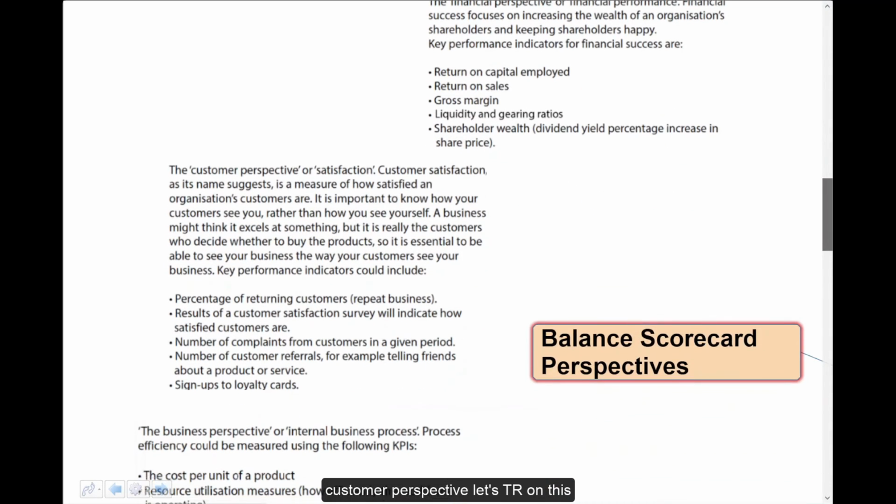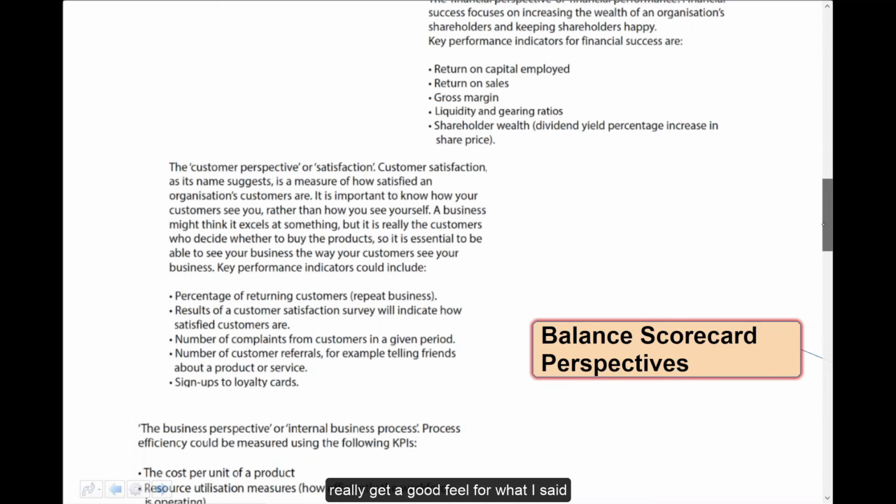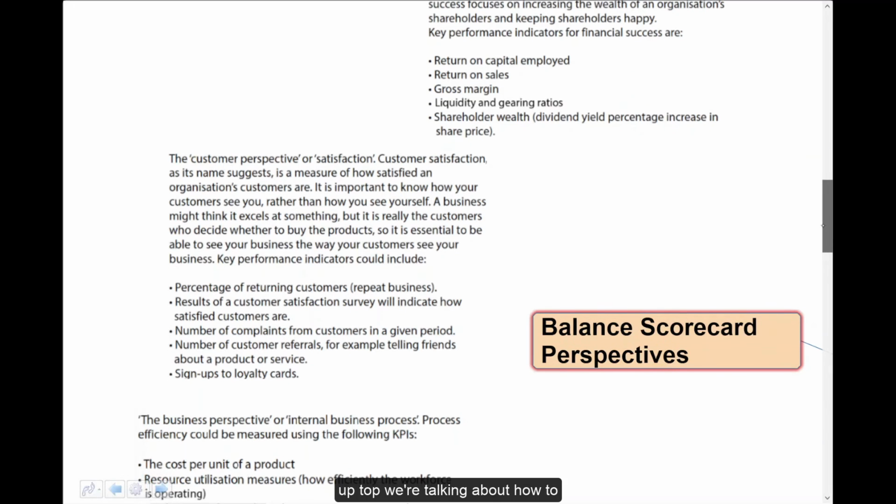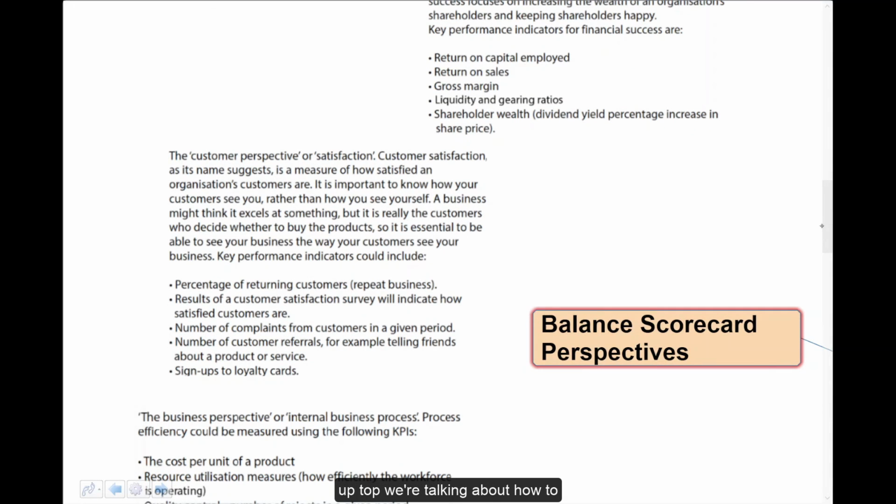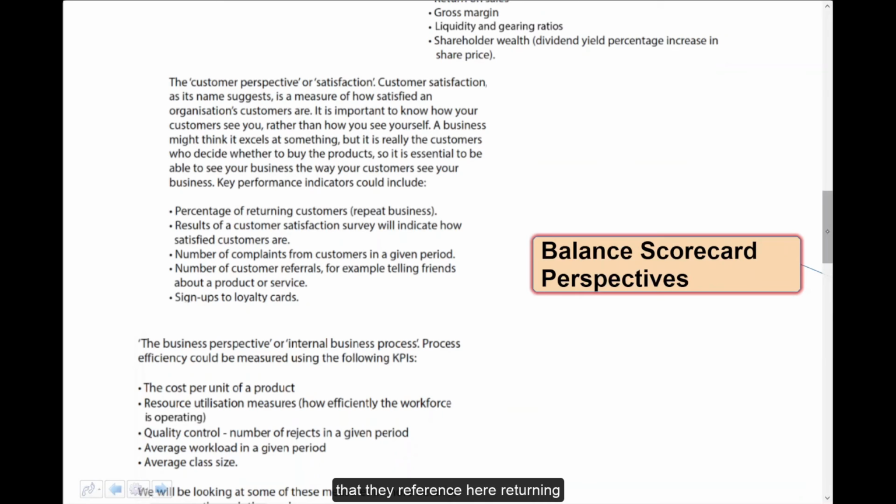What about the customer perspective? Let's dwell on this just a little bit in case you didn't really get a good feel for what I said up top. We're talking about how to satisfy the customer. What do we need to do to get customers to buy our products? So look at the little metrics that they reference here. Returning customers, satisfaction surveys, complaints from customers, customer referrals, sign-ups and loyalty cards.